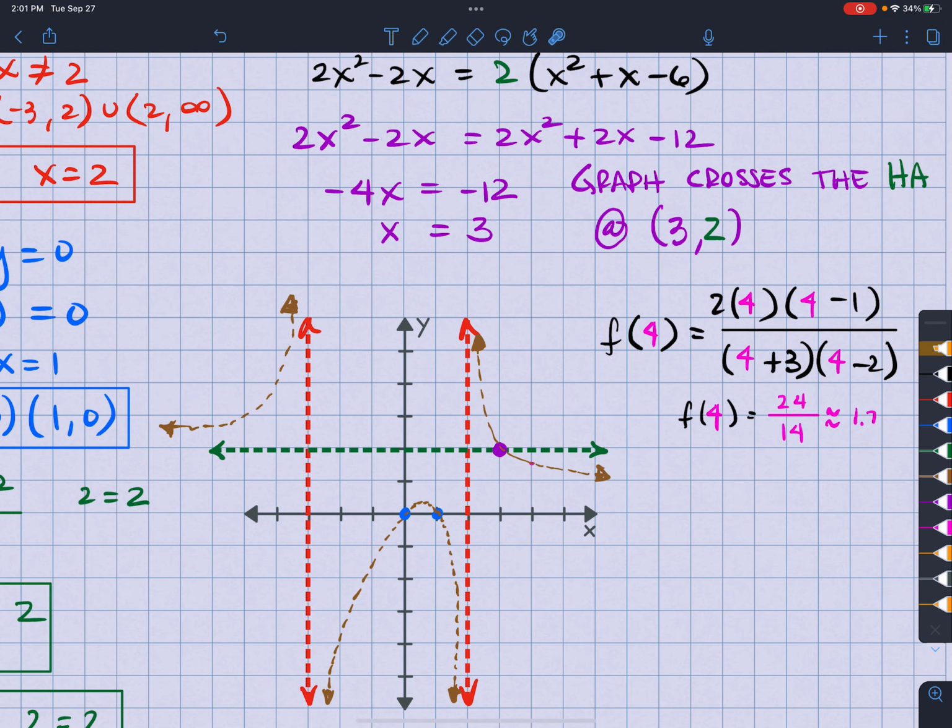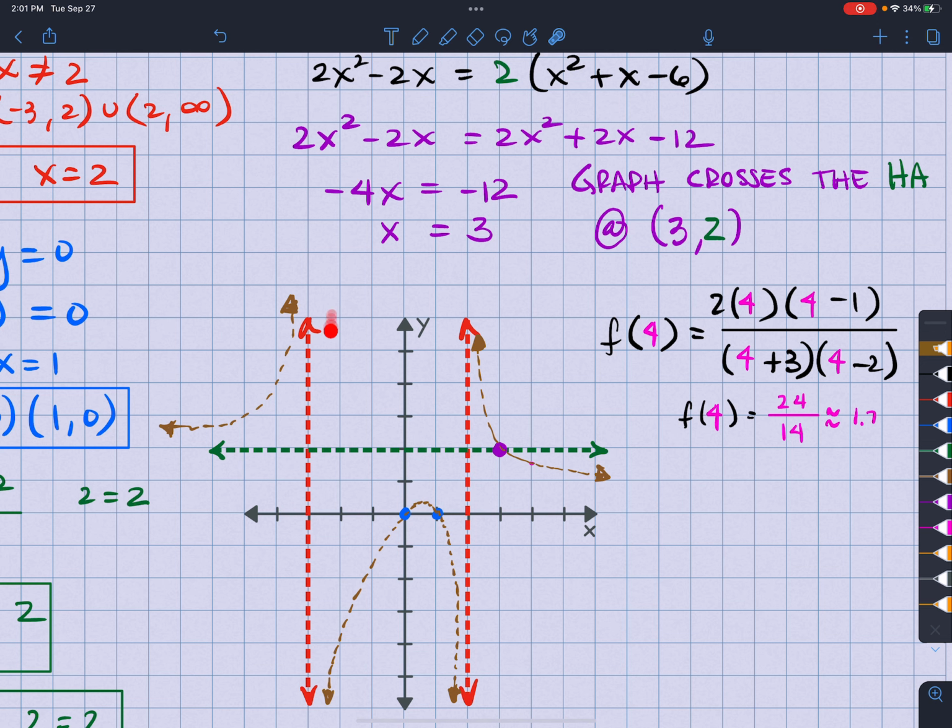Right? I'm not going to let this cross the x-axis because when I looked for x-intercepts, I didn't find any other x-intercepts besides these two.